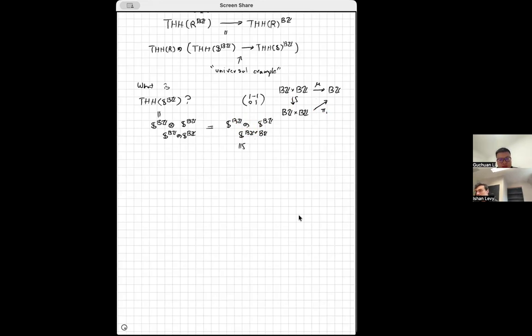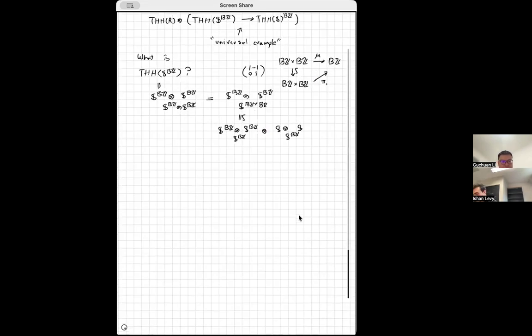And then what you would have gotten is something that breaks up as a tensor product of two things. Namely, you get S to the BZ tensored over S to the BZ with S to the BZ, tensored with the projection, which is S tensored over S to the BZ with S. Maybe to simplify, that's S to the BZ tensored with this thing.